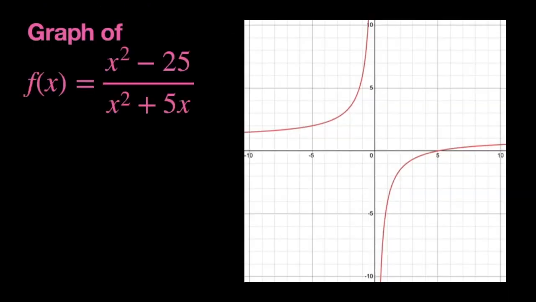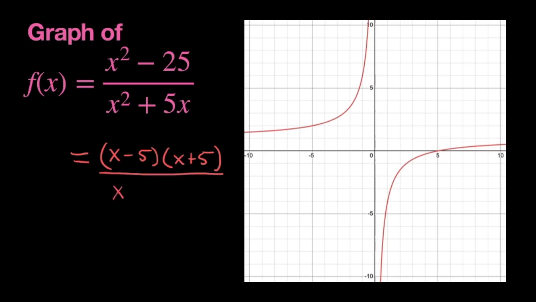If we graph f of x equals x to the second minus 25 over x to the second plus 5x, this is not in the simplest form. We can actually simplify this a little bit more, and we can get x minus 5, x plus 5 as the numerator, and in the denominator, you get x times x plus 5.